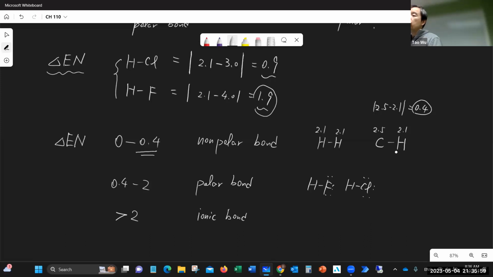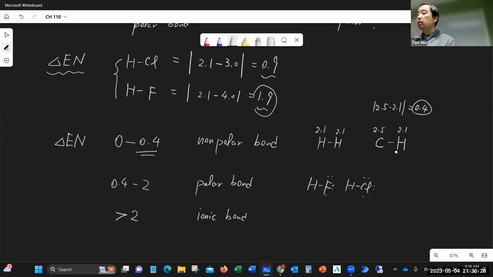So this is the range for nonpolar and polar. But the point is, in the exam, we're not going to give you the electronegativity number for each of the elements. So how can we determine the strength or polarity of the bond between each of the molecules?